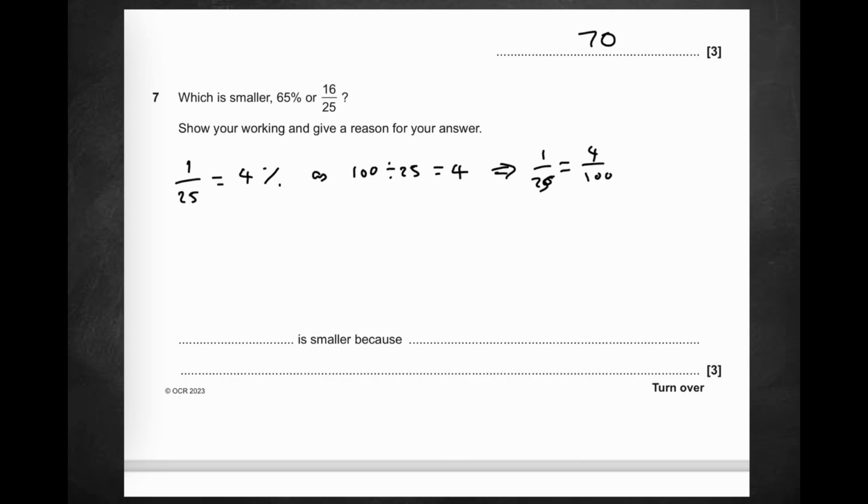So if 1 out of 25 is 4%, therefore 16 out of 25 equals 64%. So 16 out of 25 is smaller because 16 out of 25 is 64%, less than 65%.